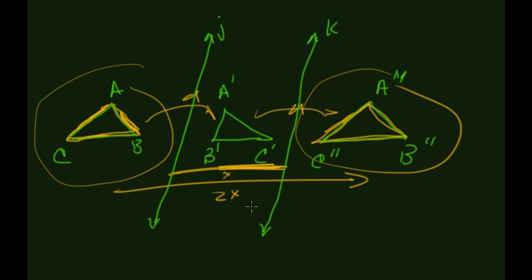Another case that's worth noting is what happens if I have a reflection over 2 lines that cross.